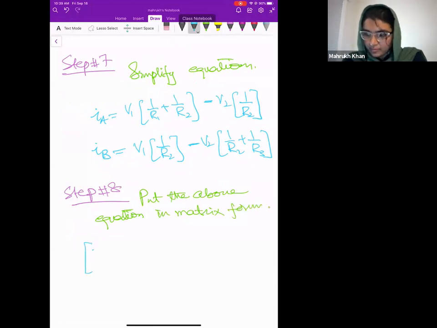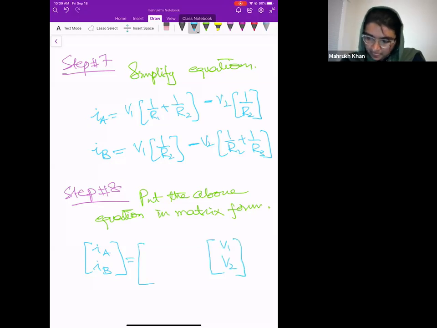My matrix form is IA, IB equals the matrix times V1, V2: first row 1 over R1 plus 1 over R2, minus 1 over R2; second row minus 1 over R2, 1 over R2 plus 1 over R3.